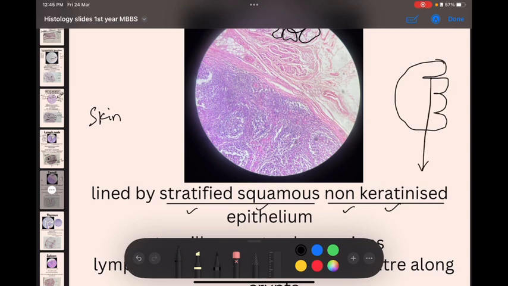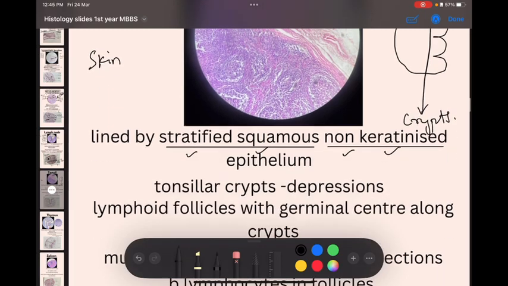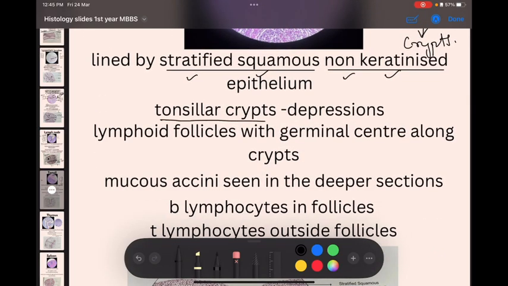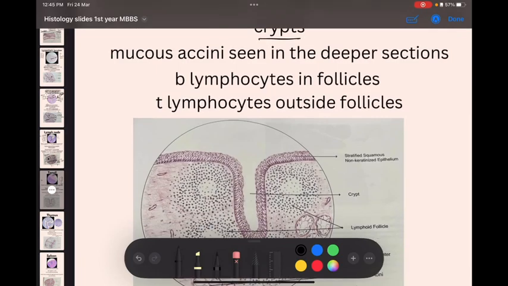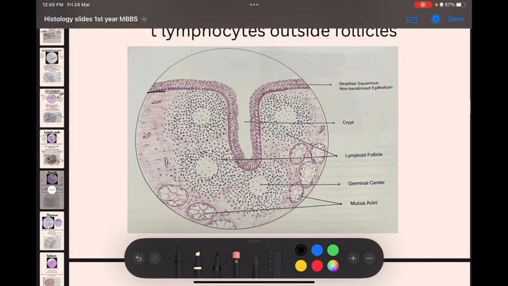and these regions are called crypts. The tonsillar crypts are depressions. Along the crypts, we have lymphoid follicles.